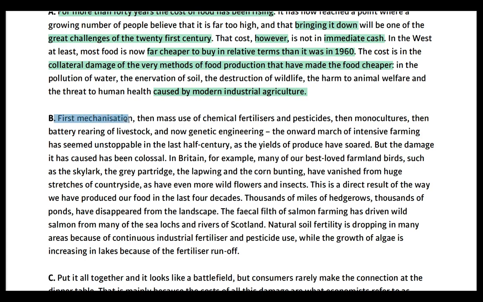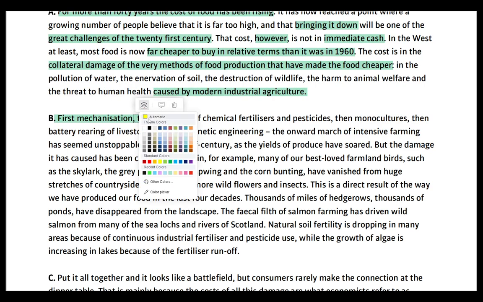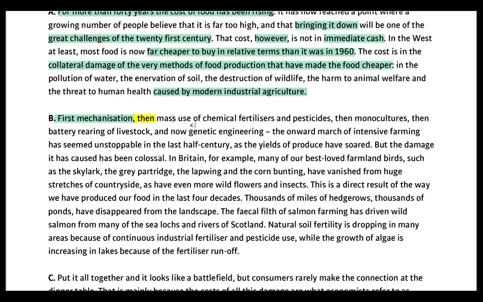First mechanization, then mass use of chemicals, fertilizers and pesticides, then monocultures, then battery rearing of livestock, and now genetic engineering.